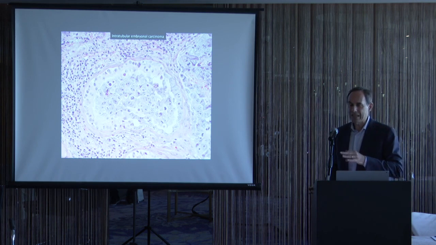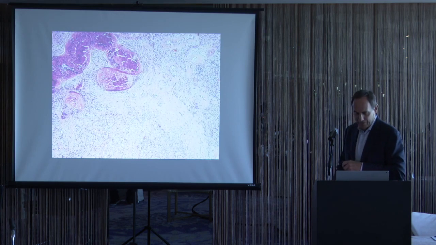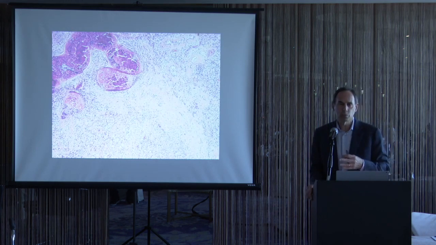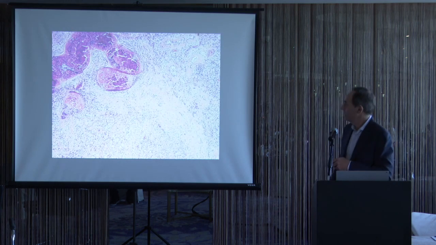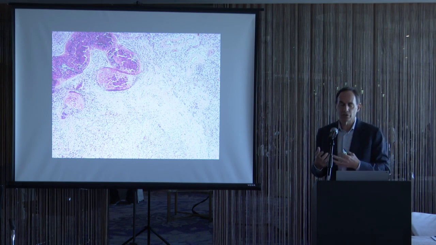One can also see intratubular embryonal carcinoma within seminiferous tubules. And a very common finding with intratubular embryonal carcinoma is this appearance where one sees the architecture of pre-existing seminiferous tubules with this very bright, dense pink, almost neon pink cellular necrosis.